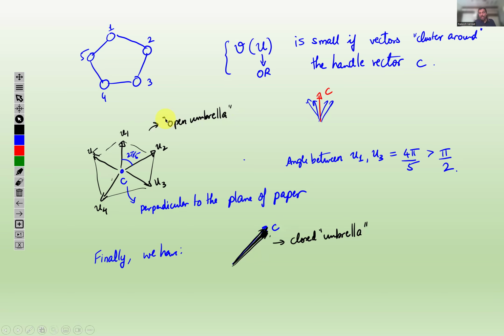The angle between the vectors that I wanted orthogonal, in this continuous process of closing the umbrella, has gone from 4 pi by 5, which was larger than pi by 2, to 0. That means there should be some intermediate stage at which the angle between U1 and U3 hit pi by 2. And because this is a symmetric instance, the angle between U1 and U3 is going to be the same as the angle between U2 and U4, and the angle between U1 and U4, and so on.